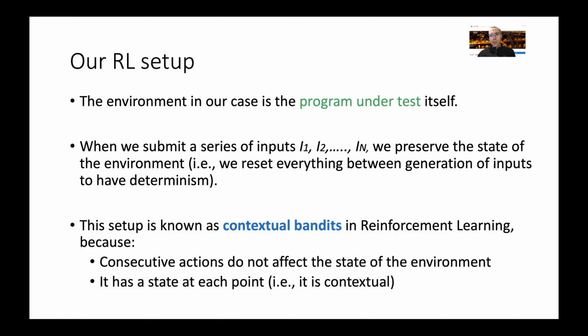At each point, you see the path constraint that you obtain, and you know all the basic blocks that were found up to that point. So that's why it is a contextual problem. It's not a simple bandit problem. And because the consecutive actions do not affect the state of the environment, we say that it is a bandits problem.